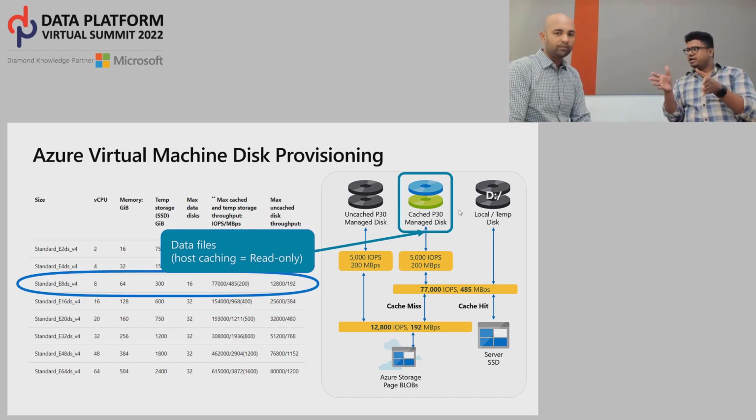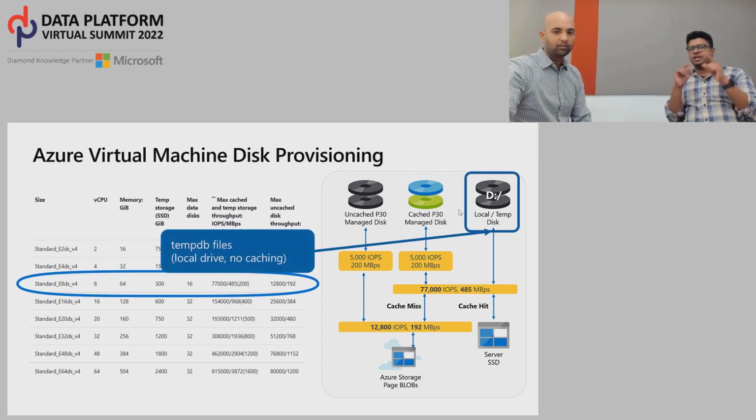Configure all your data disks, like your P30s and P40s, using host caching equal to read-only. The next thing you need to do is keep your TempDB on that local drive, and this TempDB will not have any caching attached to it.